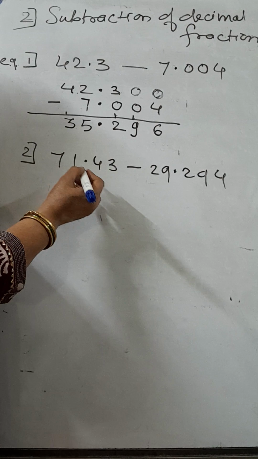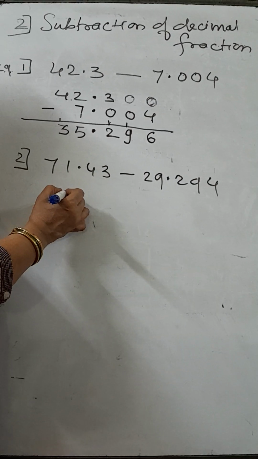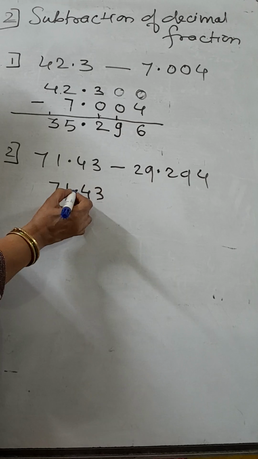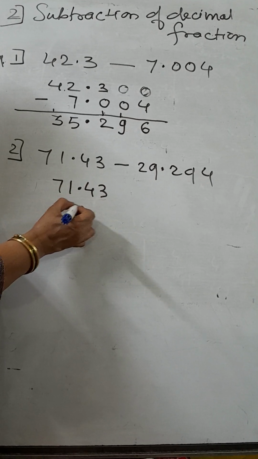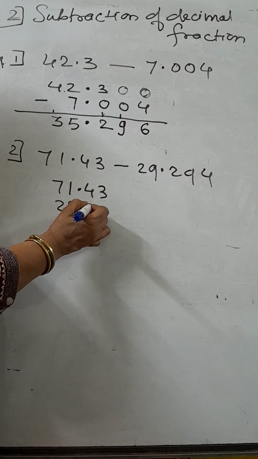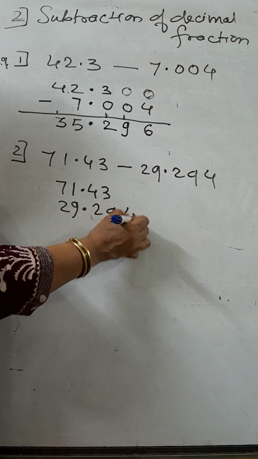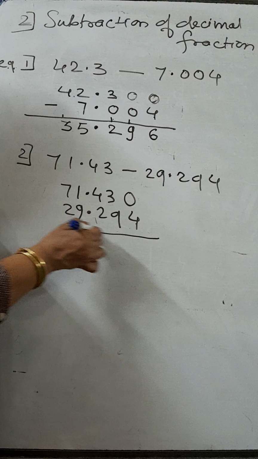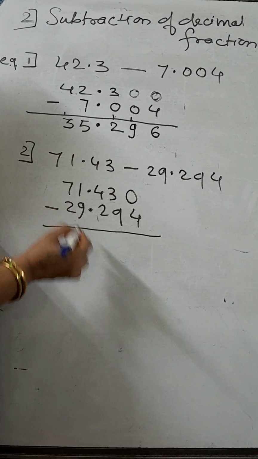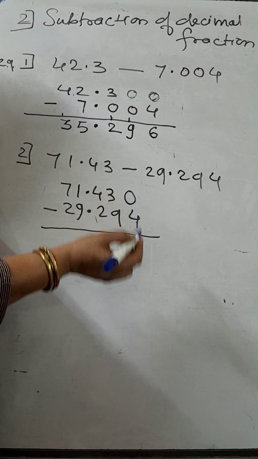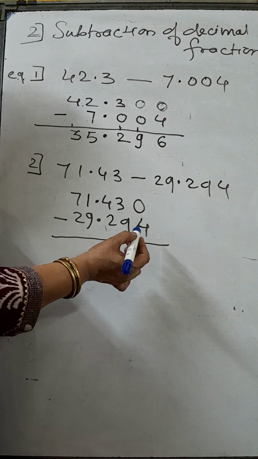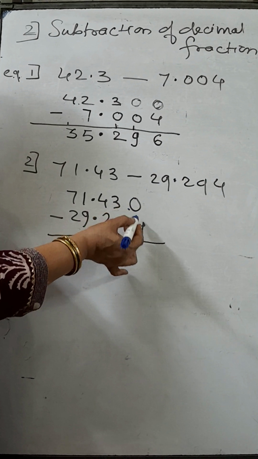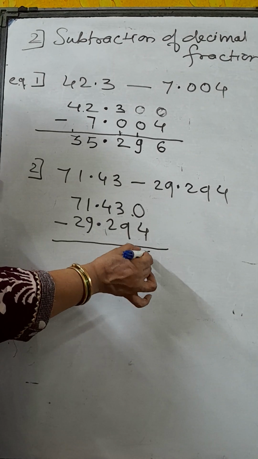Our rule for addition and for subtraction is the same. We write 71.43, below the decimal, 29.294. Above 4 there is 0. Then normal subtraction, as you do regular subtraction. From 0 we cannot cut 4, so it becomes 10. 10 minus 4 is 6, 1 carry.